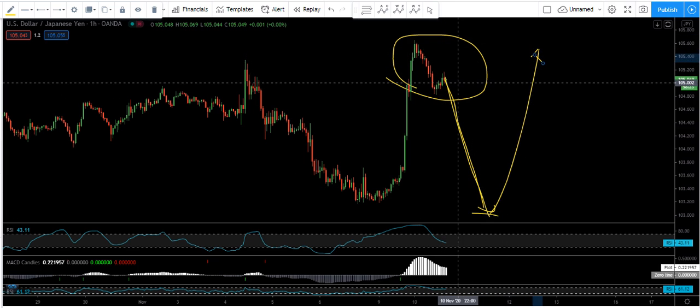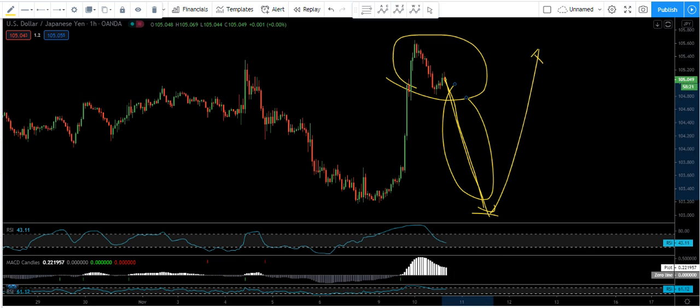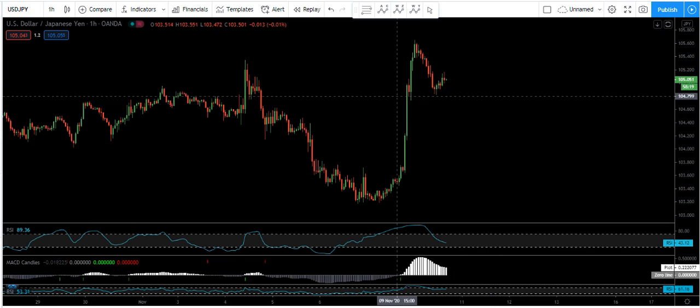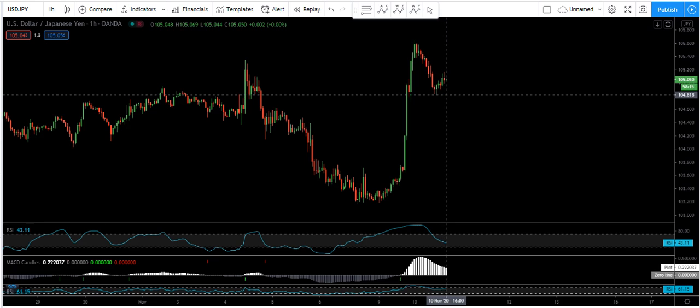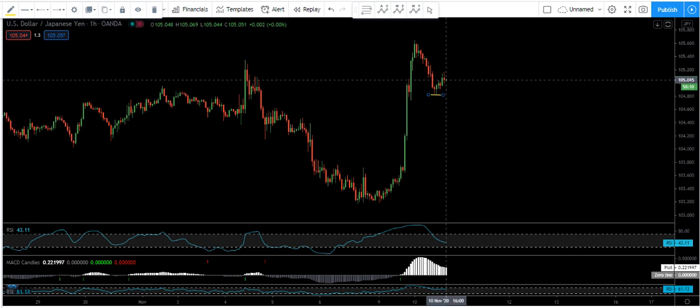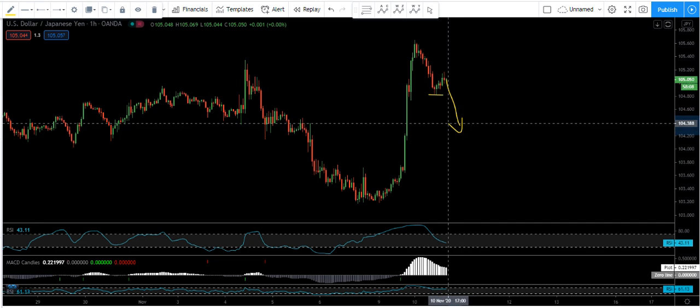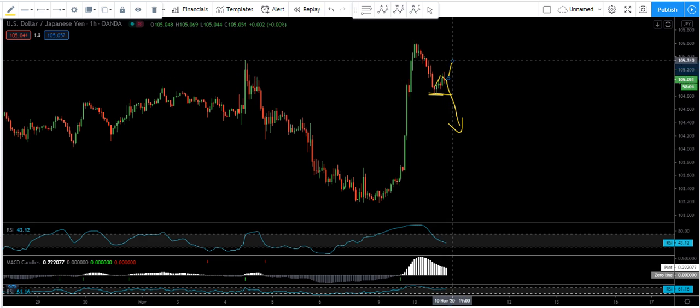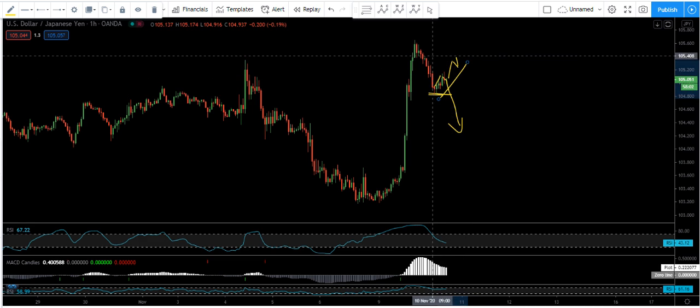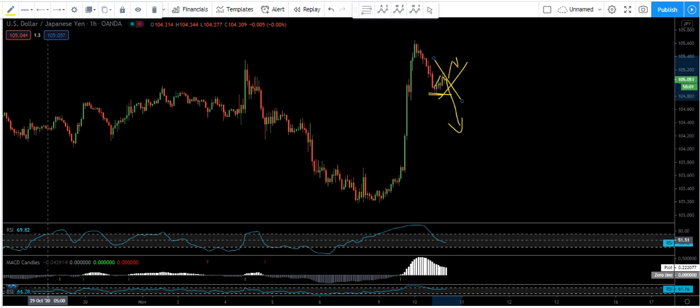In that case, do we need to look for a sell within this range? From what I have right now, from this correction, one of the options is to have an entry below this. That means if the price drops sharply from here, we can get a trade. And if this one corrects a bit more and moves higher, then we don't look for the sell. This is the only way we can look for a sell.